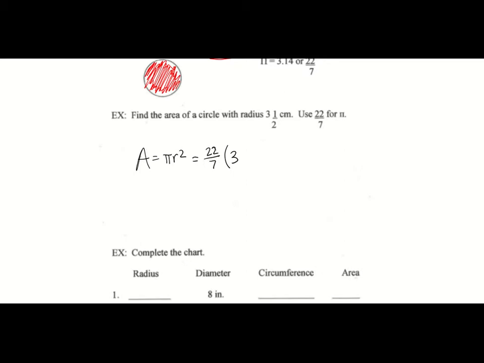And I know that 3 1/2 is the same thing as 3.5. So that's what I'm going to write over here, because 3.5 is easier for me to type into my calculator. That whole thing, 3.5, is going to be squared. So now all I need to do is plug this into my calculator. And when I do that, I have 22 divided by 7 times 3.5 squared. I get 38.5 centimeters squared. Remember, area, our units are always squared.